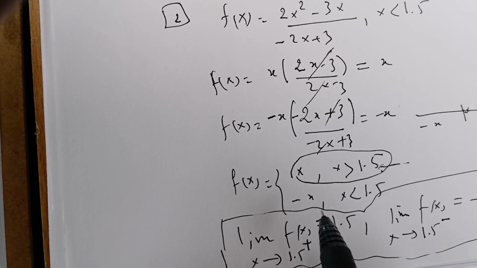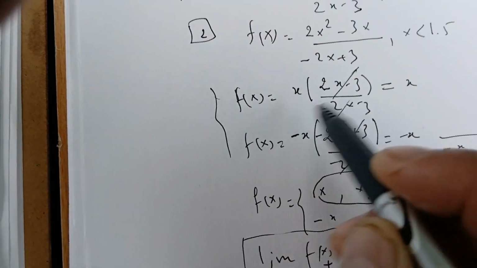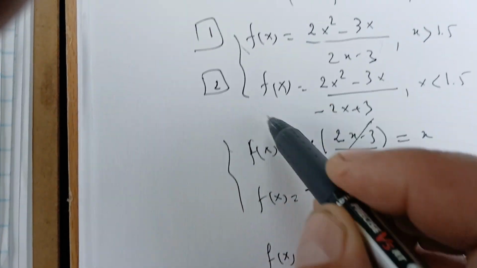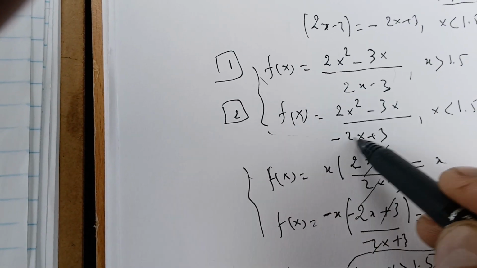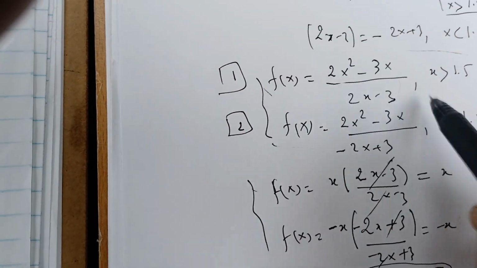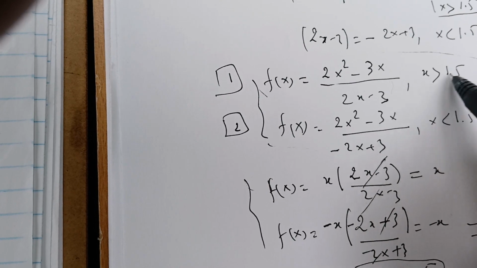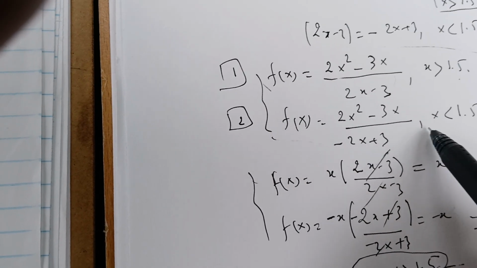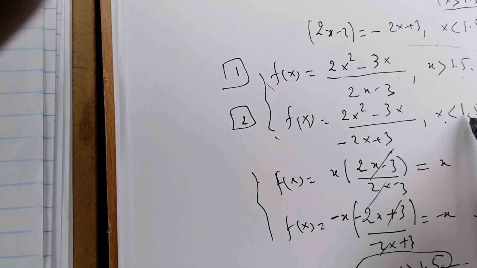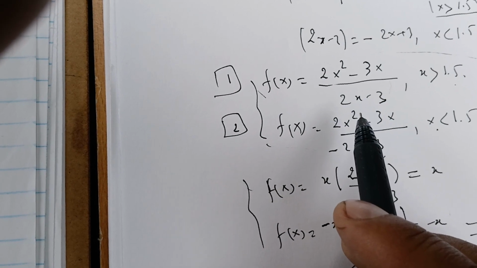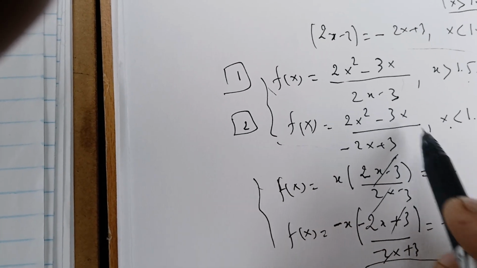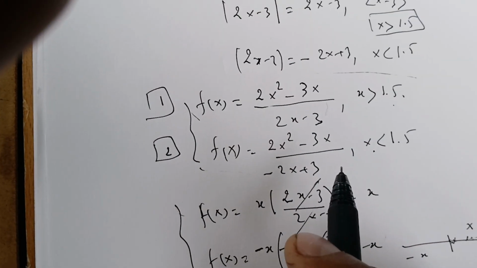Okay? The idea is we can rewrite our function in such a manner that we have two different functions. One is defined when x is bigger than 1.5. One is defined when x is less than 1.5. We can also graph this function to see what's happening.